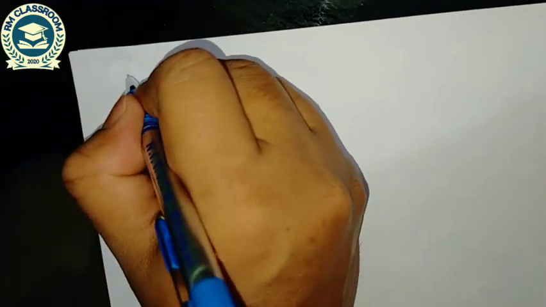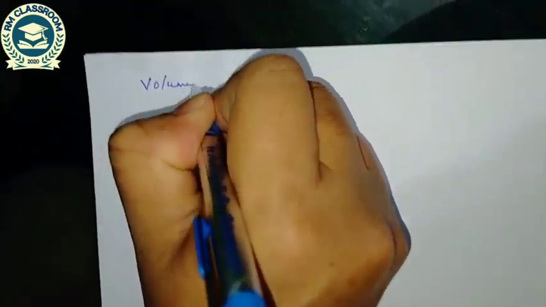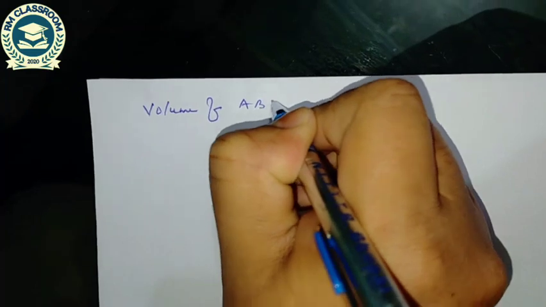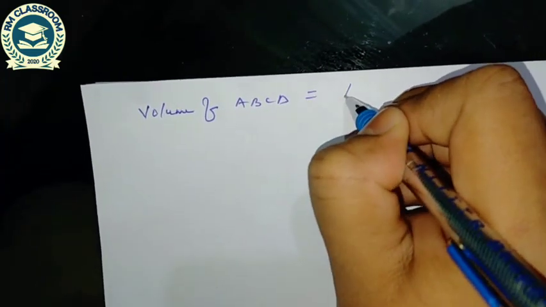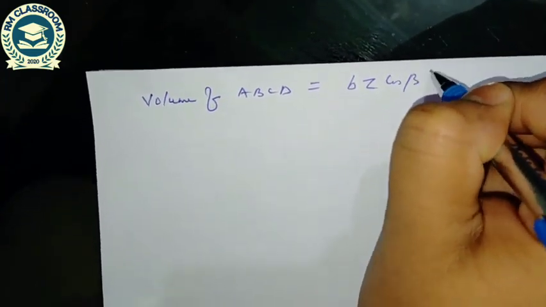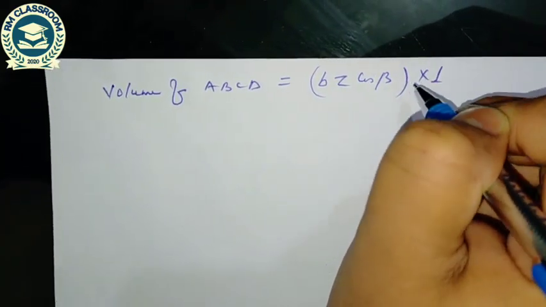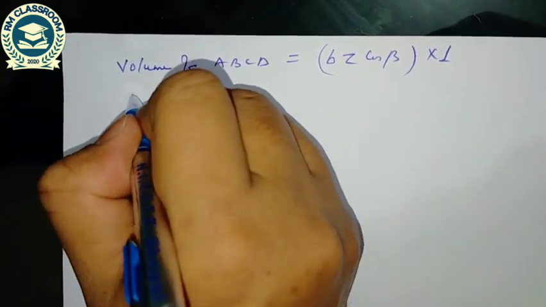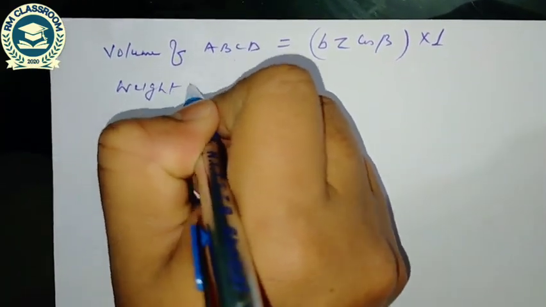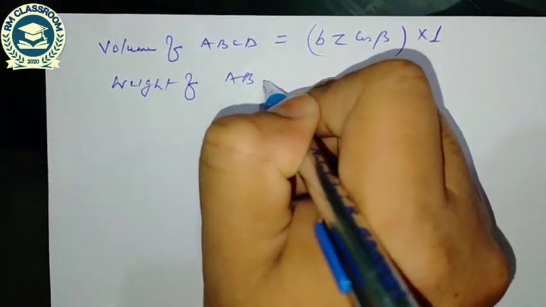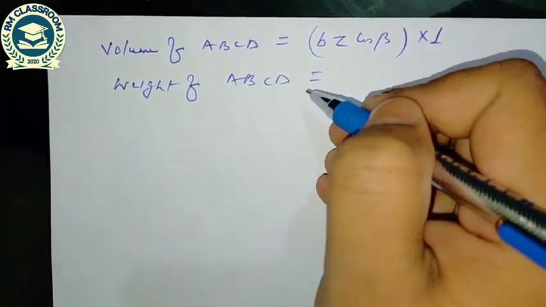Similarly, volume of ABCD is how much? BZ cos beta, for the unit length. So weight of ABCD is how much?